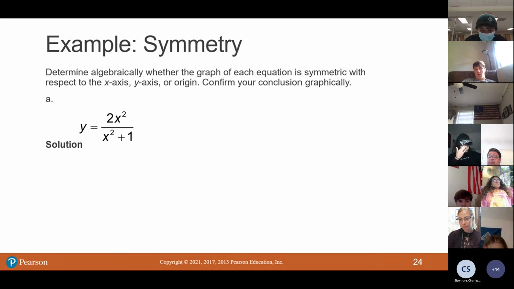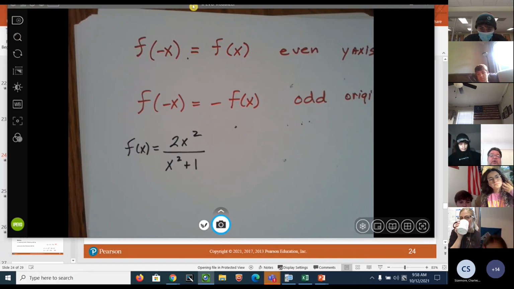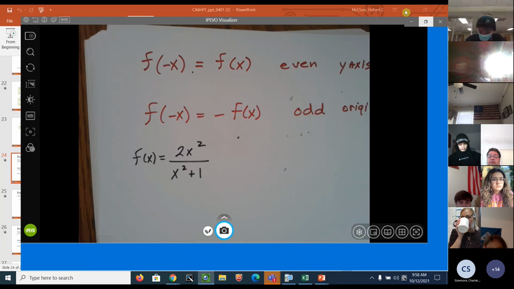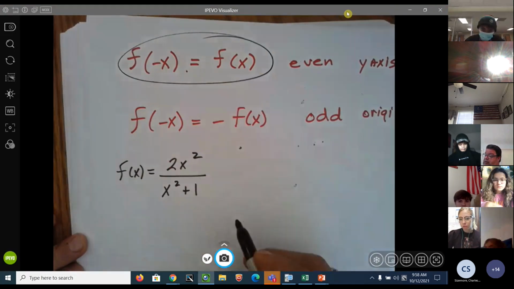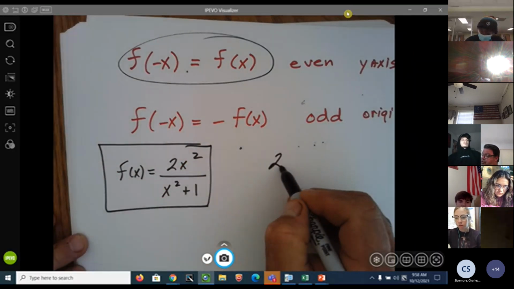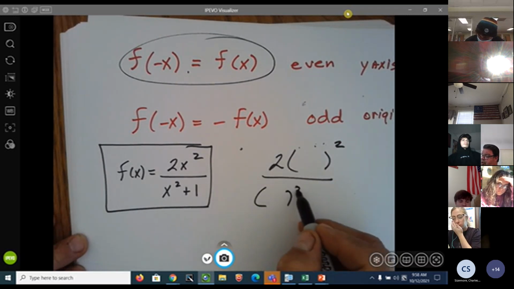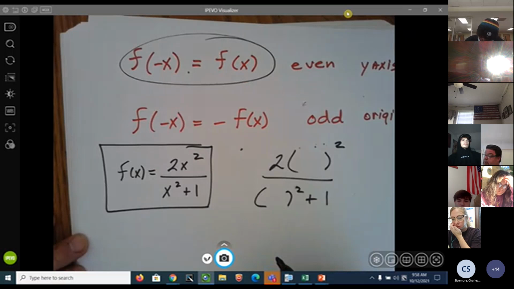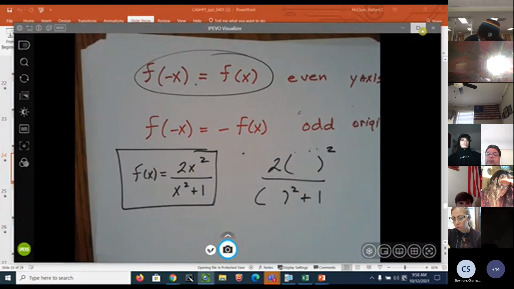Now, the test at the top says I've got to plug in negative x and see what I get. So I'm going to do this one right now. And this is f of x. So I'm going to rewrite it, 2 parentheses squared over parentheses squared plus 1. And make sure that's not a cube. It's not. Okay. I'll make sure I wrote down the problem right.